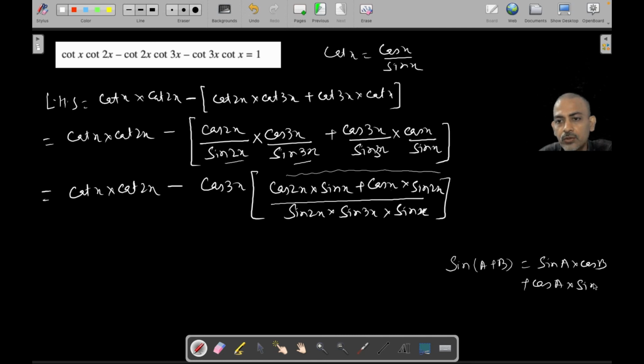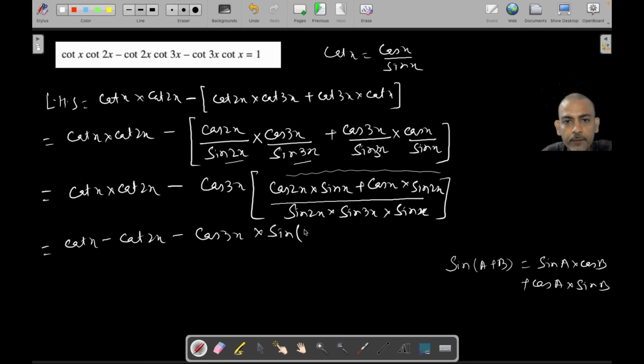Alright. So here x is A and 2x is B. So my expression here will be cot x minus cot of 2x minus cos of 3x, and this will become sin of x plus 2x, and here I will have sin 2x into sin 3x into sin x. What is my x plus 2x?